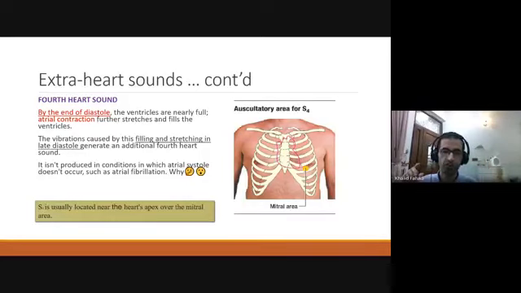S3 is just after the second heart sound, early in diastole, while the fourth heart sound is late in diastole, in close approximation to the first heart sound, because after the end of diastole there will be the first heart sound. So S4 is close to S1, while S3 is close to S2.